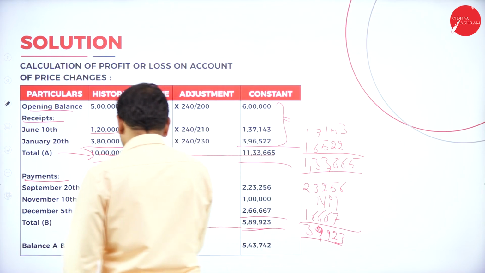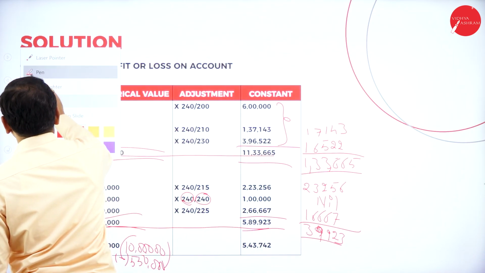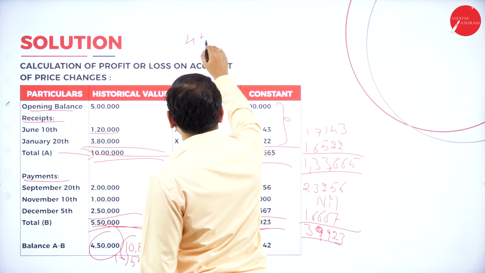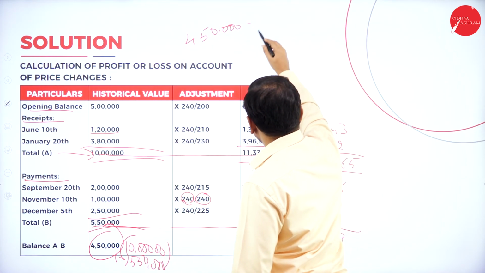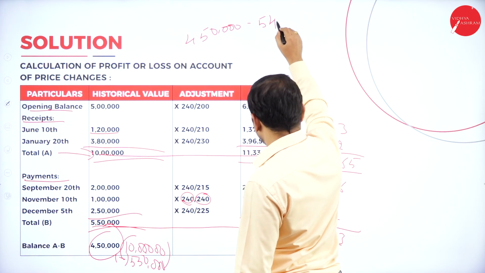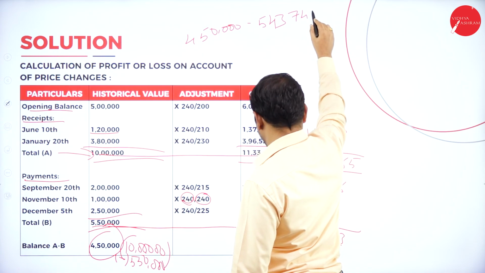So this is the total loss. Now, total expenses: 4,50,000 minus the increase, total 5 lakh. Total inflation is 5,43,742.